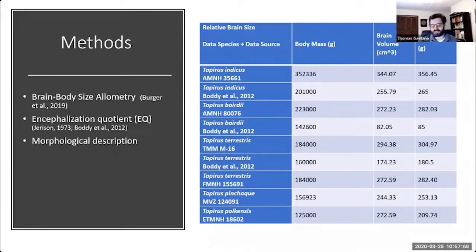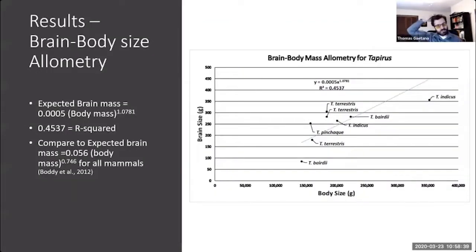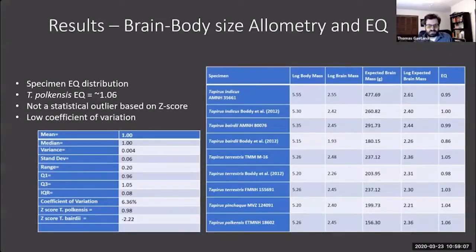All of this goes into calculating something called an encephalization quotient, which is a neat little index to rate how far above or below the observed brain mass is based on the expectation from its body size. So this resulted in a brain-body size equation following the methods of Berger et al. and Boddy et al. It is based on adult extant tapirs, because from that you're able to plug in the T. polkensis body size estimate and see what the expected brain mass is. Tapirus polkensis endocast encephalization quotient is actually the highest out of all of them in the data set.